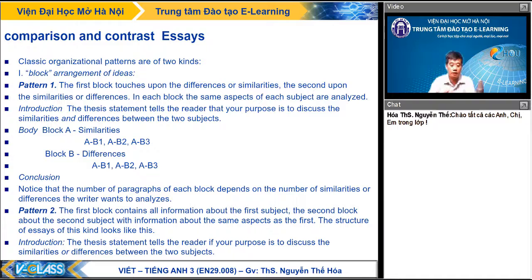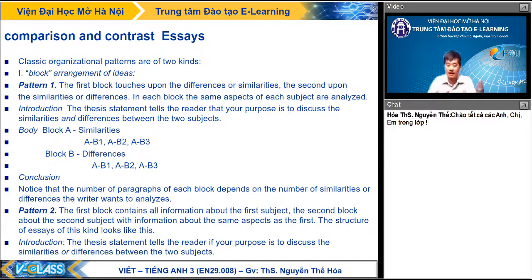And there are two kinds of organizational pattern. The first kind of the comparison and contrast essay is the block pattern. It means that you have to arrange the number of ideas in one block. The first block touches upon the differences. When you write this kind of essay, you may write the first block on the differences.